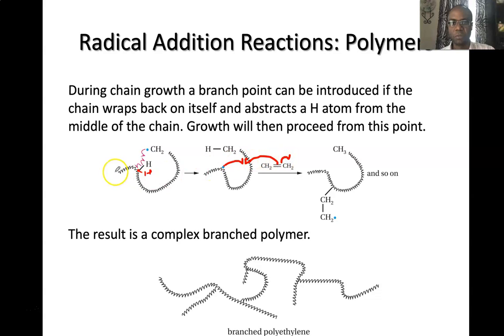Notice what you're doing. The polymer was straight, now you're adding an ethylene on the backbone. So that's how you get branching. Sometimes one would want it branched because it tends to help the molecule be flexible. If it's so straight, it becomes stronger, but if it's branched, it becomes weaker. So the result is a complex branched polymer, like a branched polyethylene as shown here.